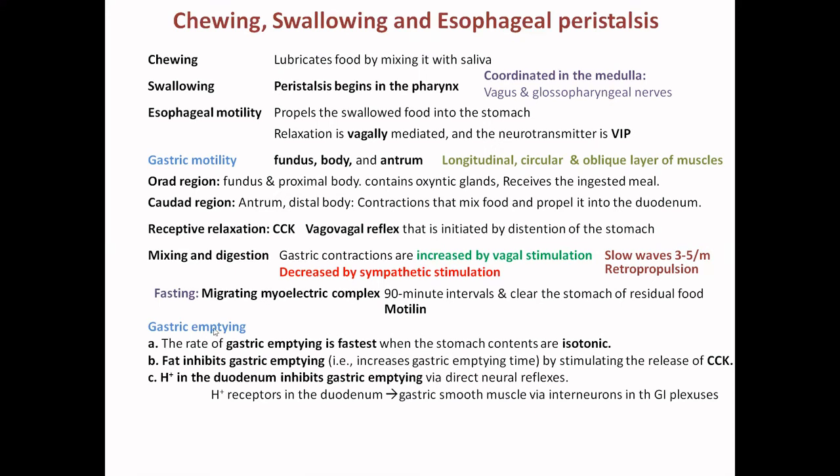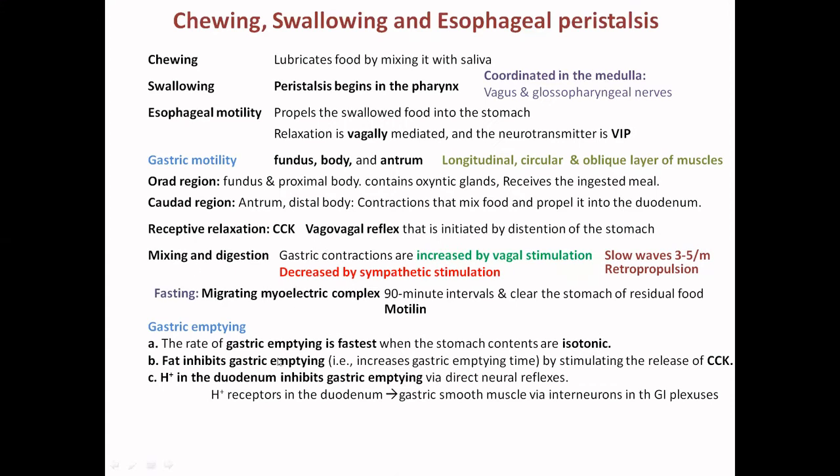So this is the gastric emptying. After the food is received by the stomach, it is mixed by the retropropulsion. Then there are the enzymes present there, which will be discussed in one of the following lectures, how the food is digested in the various parts of the GI tract.